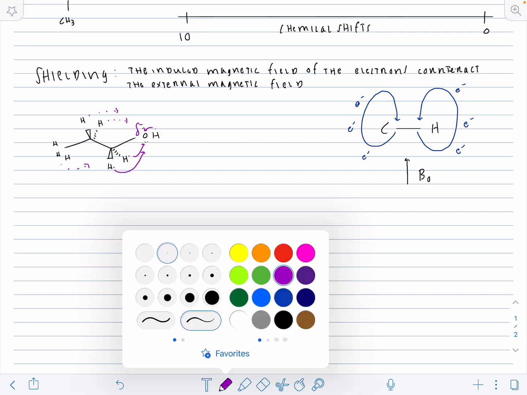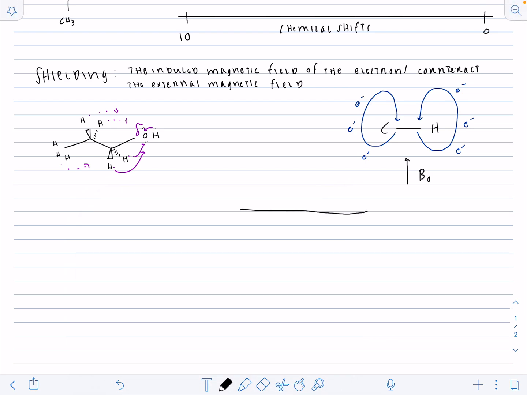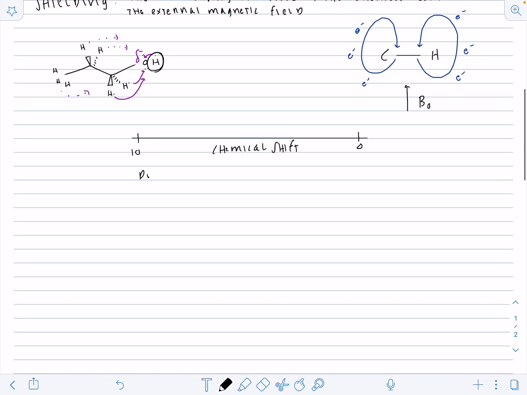And when we put these protons on a chemical shift axis, we know that, this is not the exact number value, so don't quote me on this, but we know that this H is the most de-shielded. I forgot to mention, I'm sorry, de-shielded protons will be on the left side, downfield from TMS.